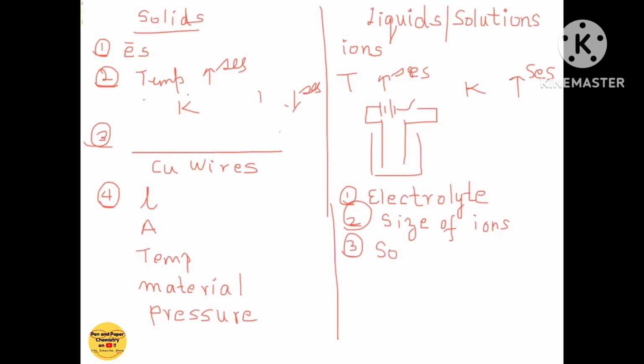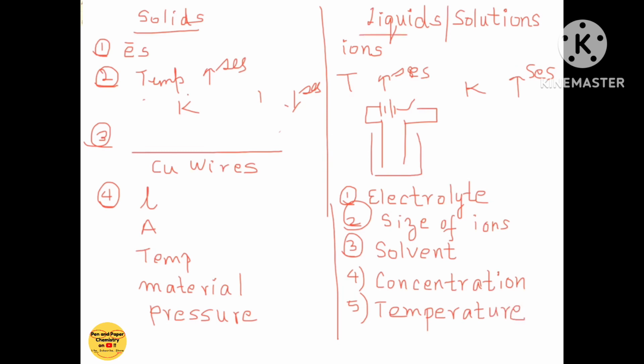The solvent and its viscosity affects the movement of the ions. A very, very important factor which affects is the concentration of the electrolyte in the solution. And of course, what we have earlier also said is temperature. Although the way temperature affects a solid conductor and a liquid or a solution conductor is opposite.